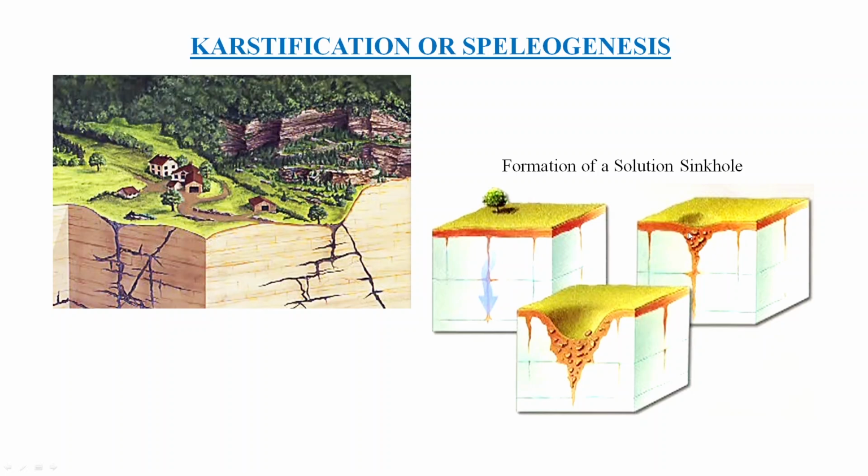If it goes on and on, then at locations where there is an orthogonal or high-angle relationship between the fractures, subsequent phases of dissolution of material will create holes in the top part of the soil, leading to the formation of what we refer to as a solution sinkhole, or simply sinkhole.